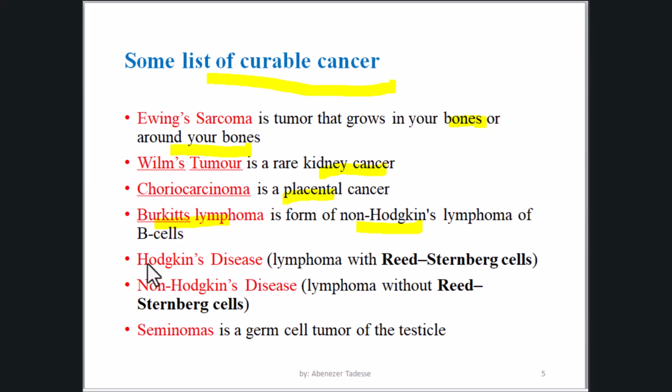The other one is Hodgkin disease, which includes Reed-Sternberg cells. The other one is non-Hodgkin disease, without Reed-Sternberg cells. Seminomas, especially the germ cell tumor of the testicle, are called seminomas.